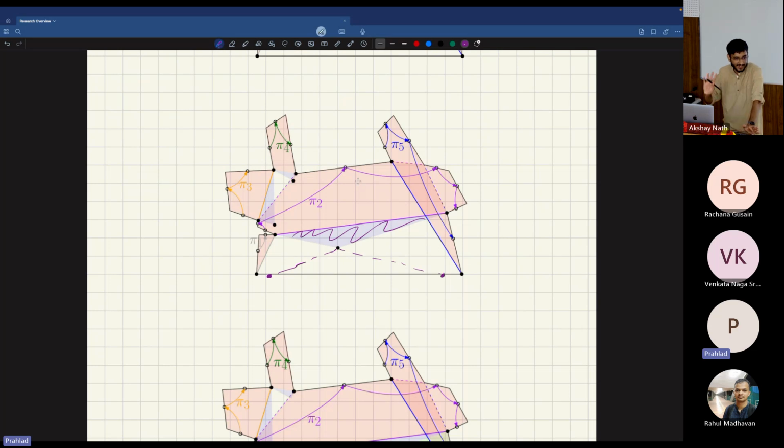So we are not adding an extra polygon, right? We are just appending a polygon to this. But unfortunately, that still doesn't cover the entire polygon. There's a lot of white spaces.